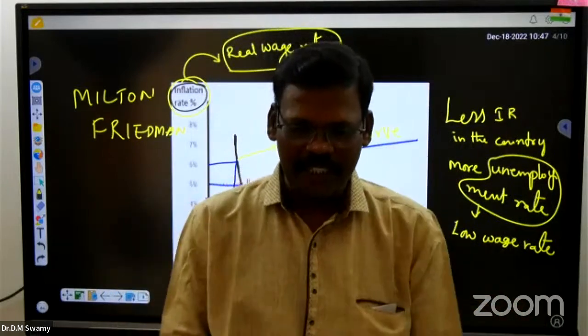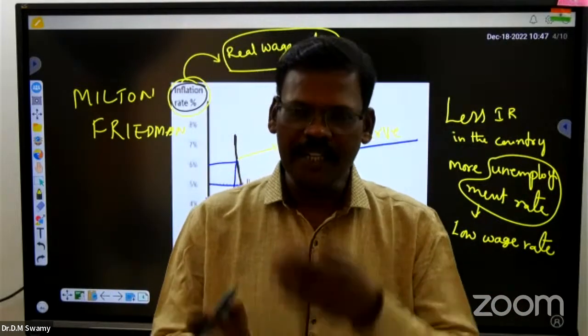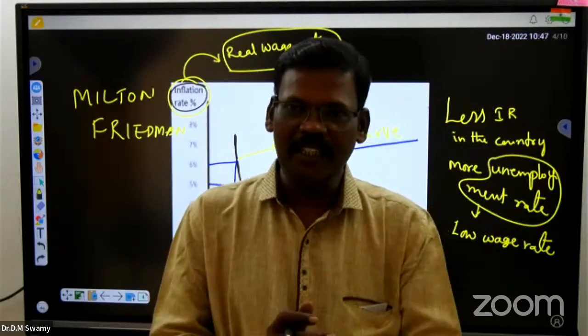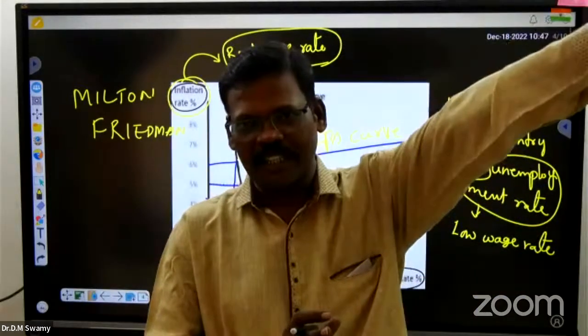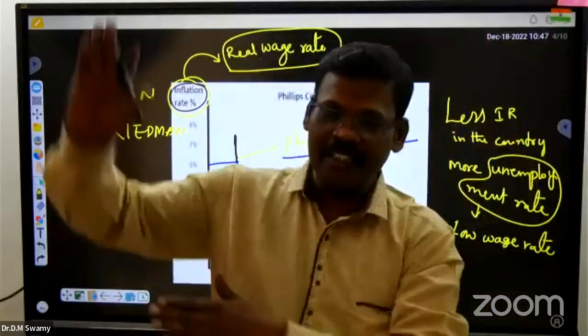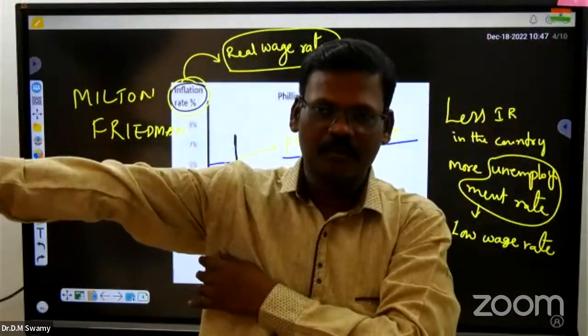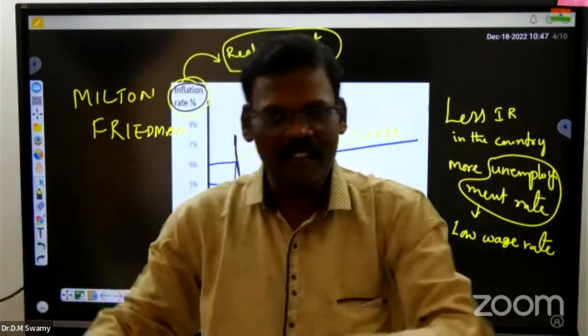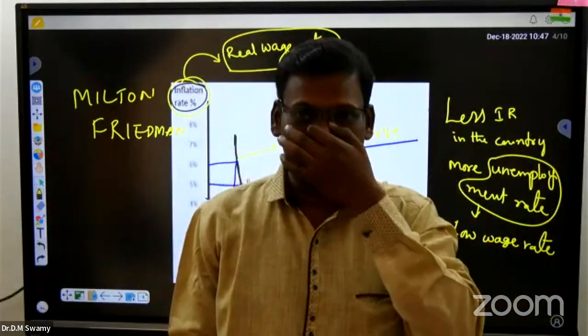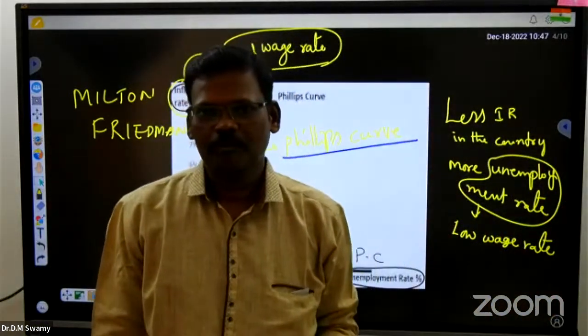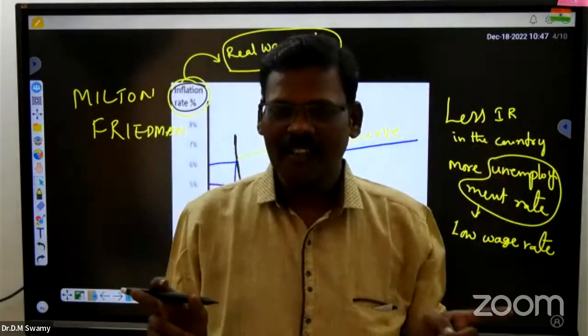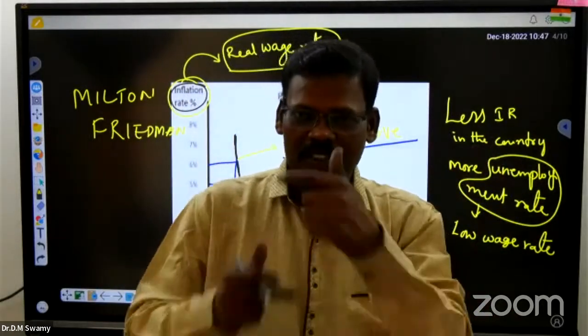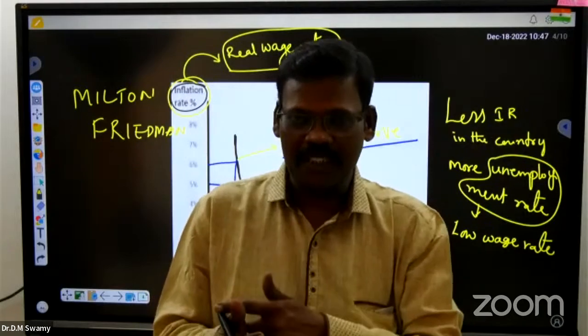If you take India today as an example, on one side there is a high inflation rate, and on the other side there is a high unemployment rate. Unemployment is there, and at the same time inflation is also there. But according to this theory, we are saying inverse relationship, opposite relationship.